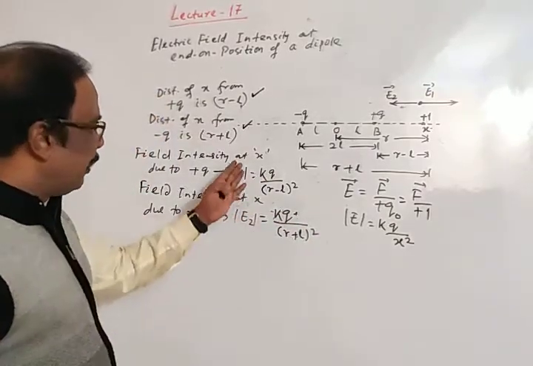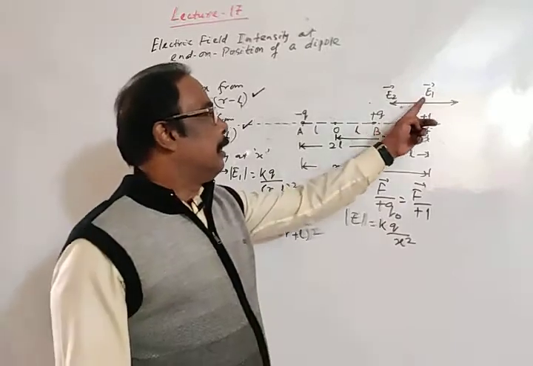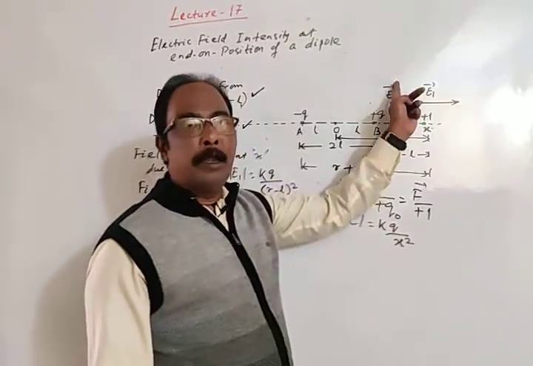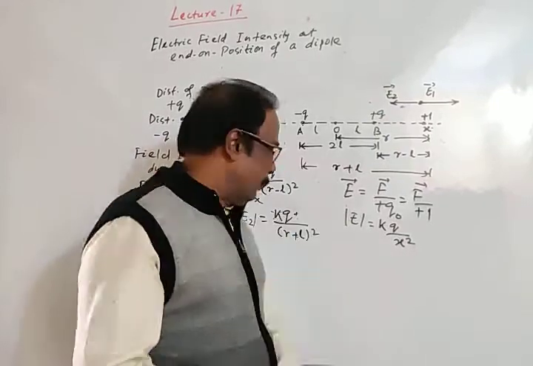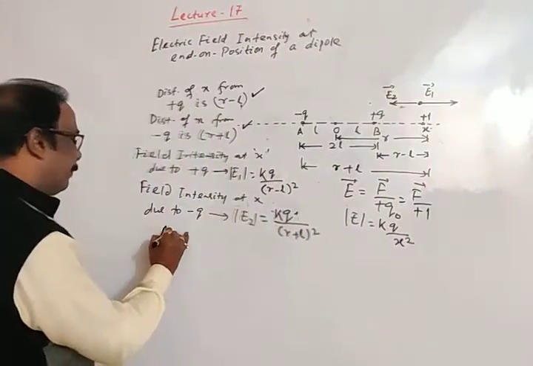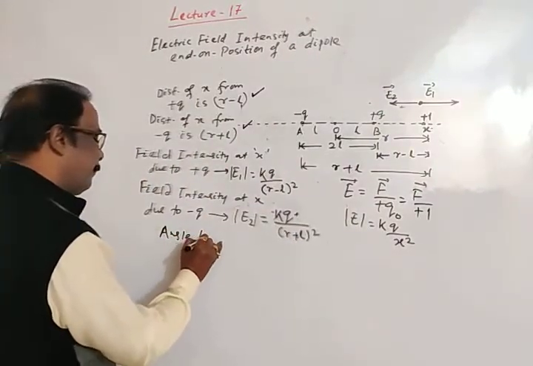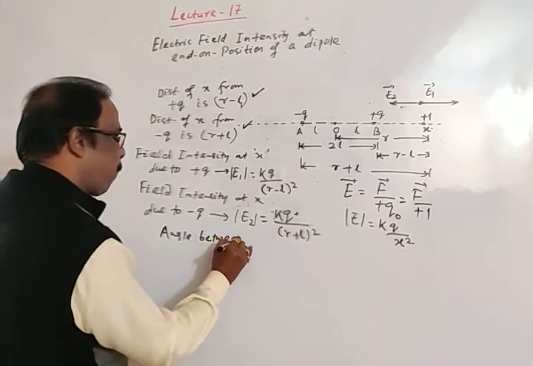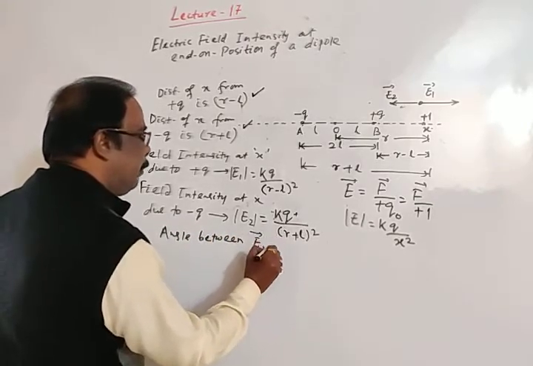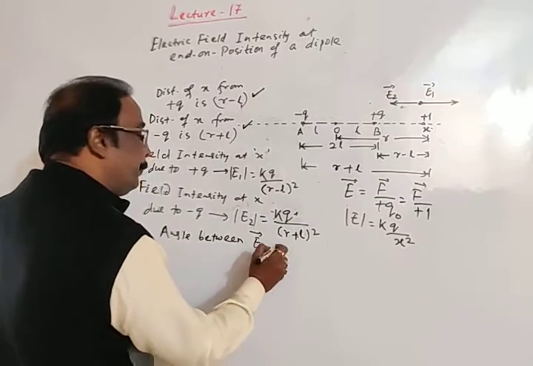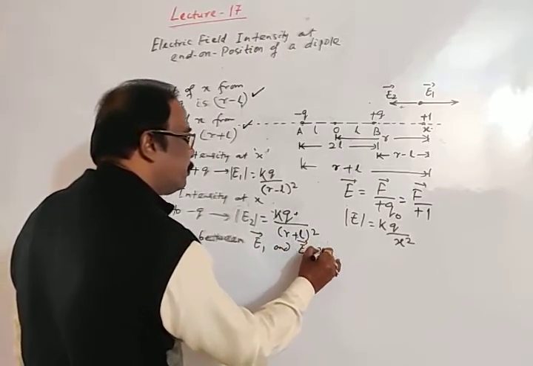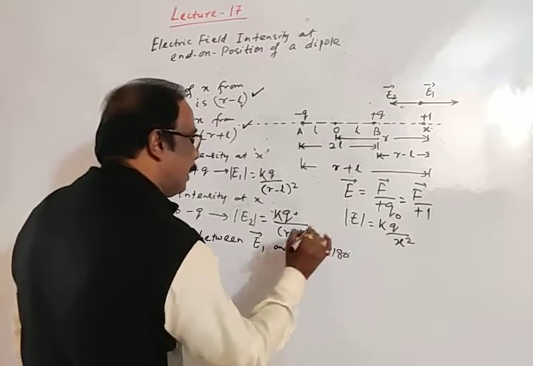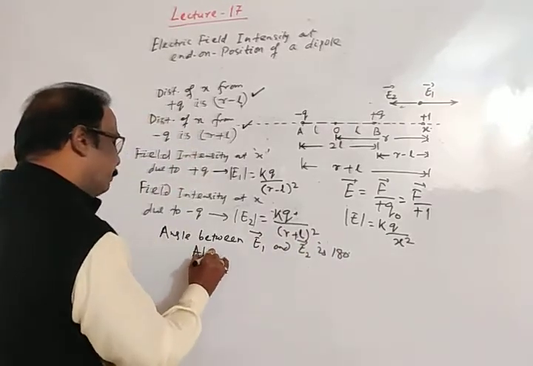As you have already seen, E1 and E2 are oppositely directed, so the angle between E1 due to plus q and E2 due to minus q is 180 degrees.